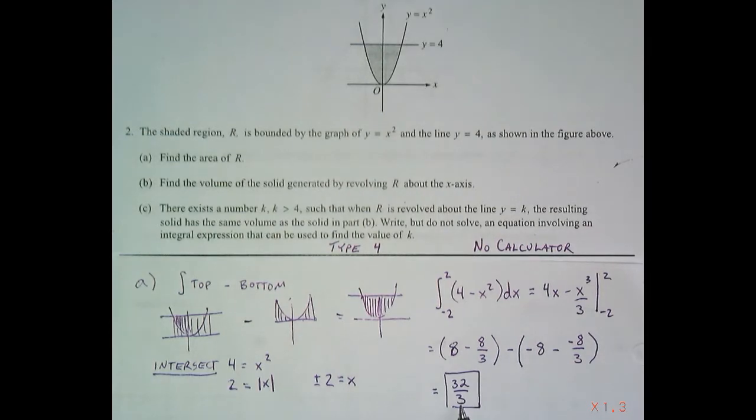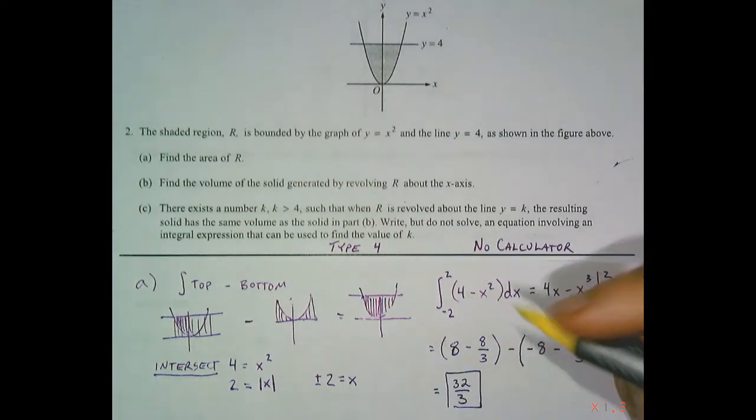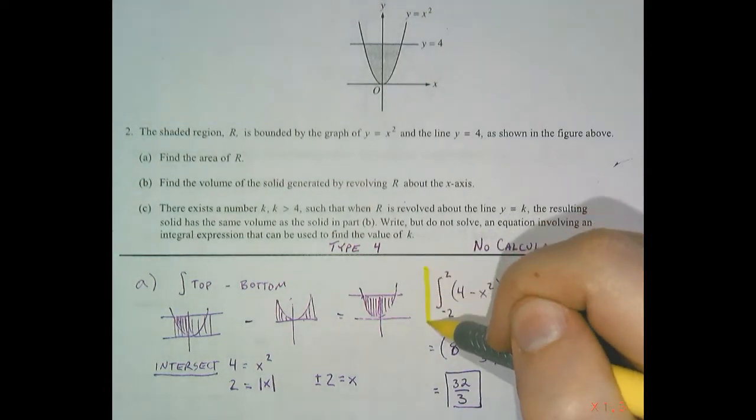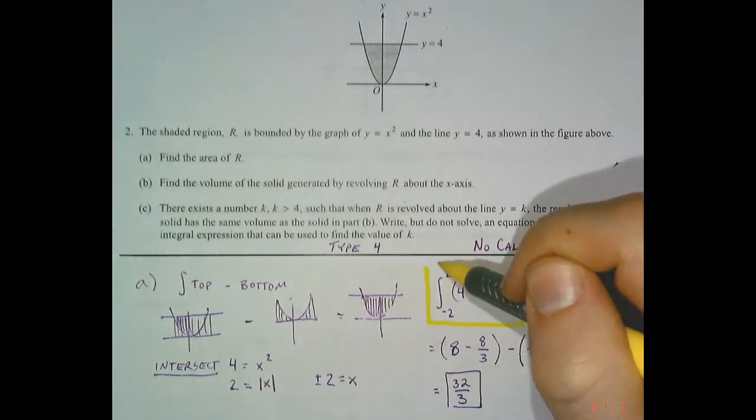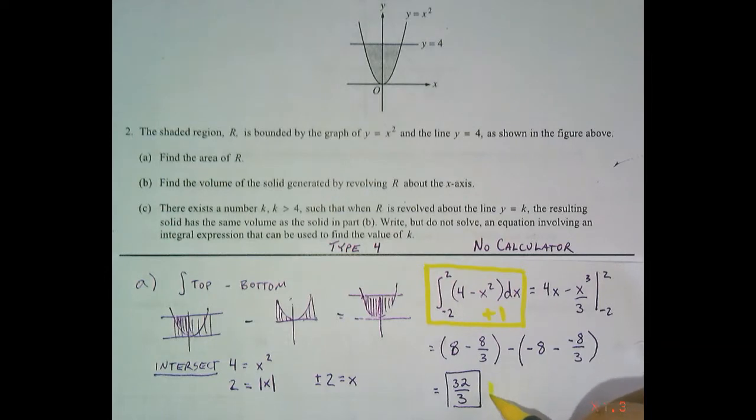And this number is in fact less than 16, because 48 over 3 equals 16. So we're less than 16. When it comes down to points accumulation for this AP question, you would get 1 point for setting up the integral correctly, and then 1 point for finding the correct evaluation.